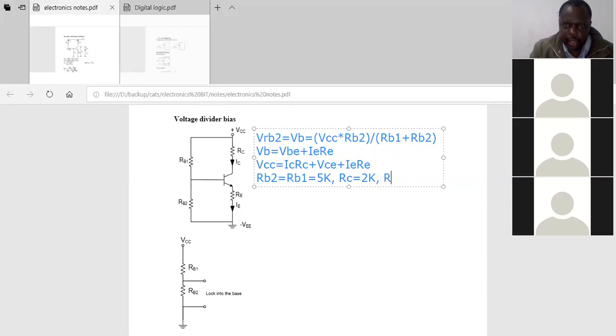RE is equal to 3 kilo ohms. VCC is equal to 10 volts. Beta is equal to 100. VBE is equal to 0.7 volts.